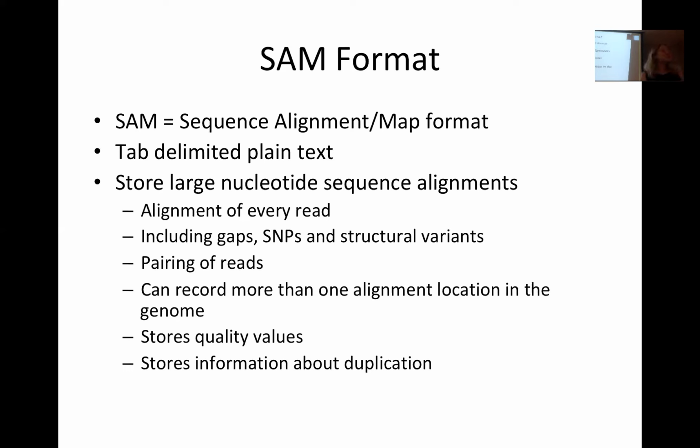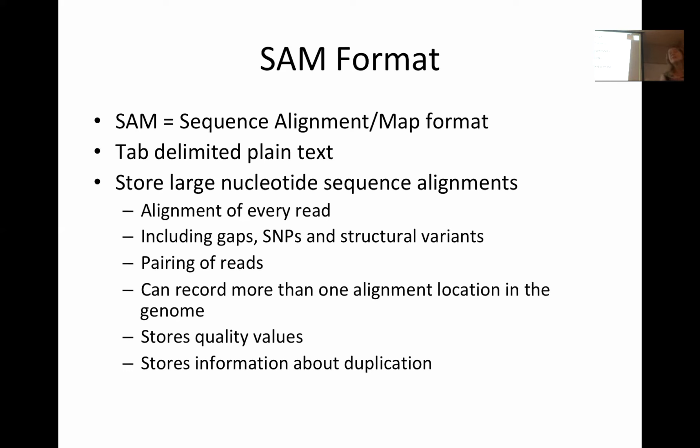So another new file format, SAM, stands for the Sequence Alignment Map Format. This is the tab delimited plain text version of this format. It is meant to store large nucleotide sequence alignments. So once you run a short read mapper, you have all these locations where all these reads go against a reference genome. How do you store that in some kind of manageable way that you can put into different software packages?